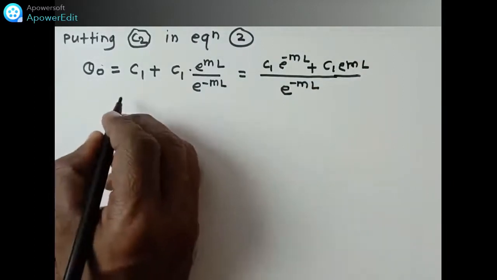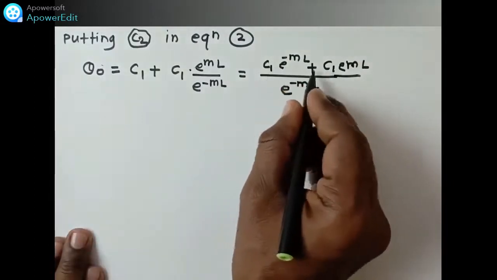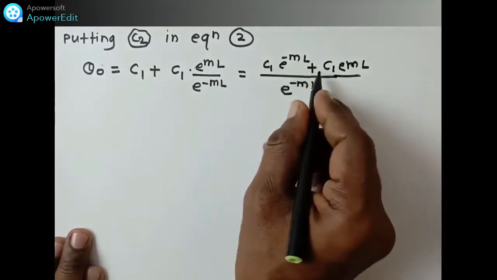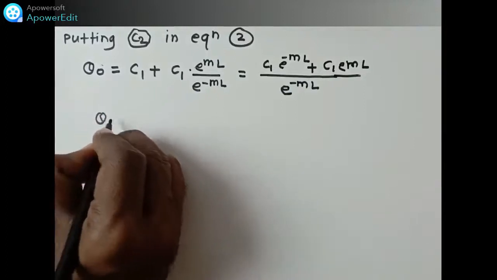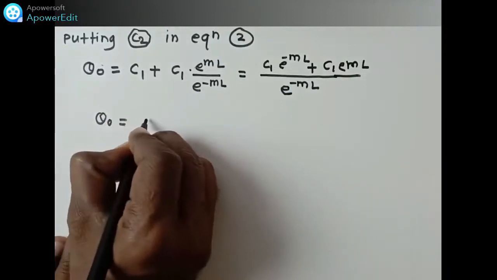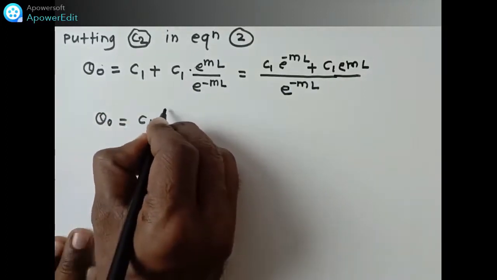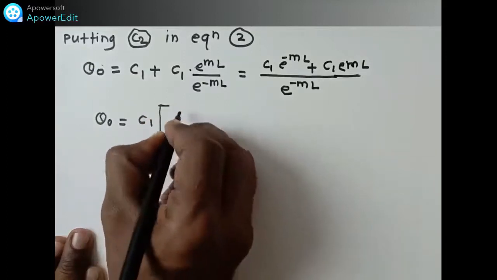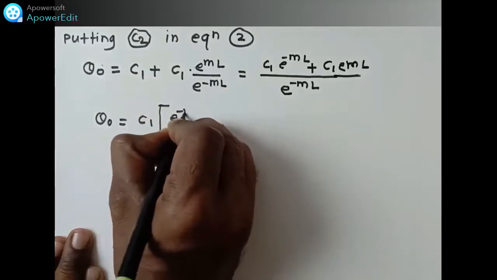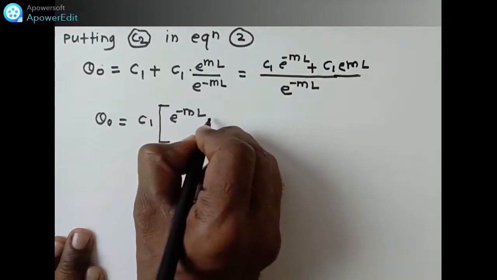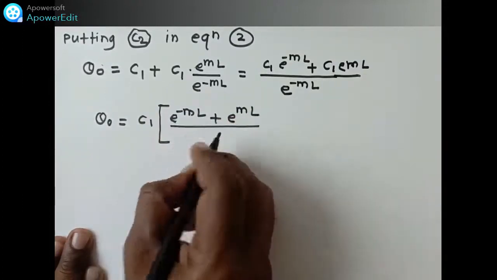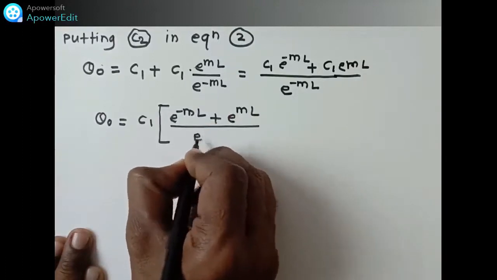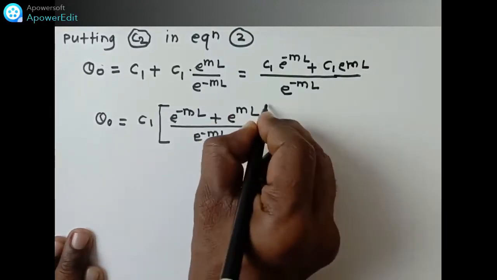In this case C1 is the same, so we can take C1 common. So the next step will be theta 0 is equal to C1, taking common in the bracket, e raised to minus ml plus e raised to ml, divided by e raised to minus ml.